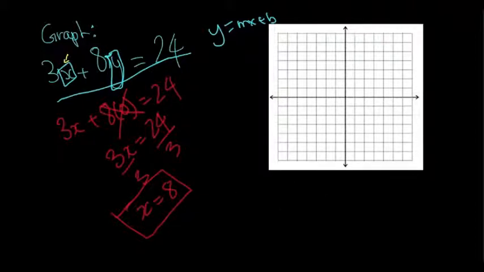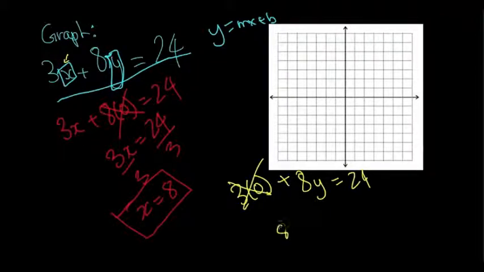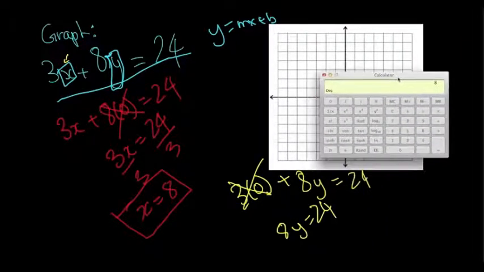I'm going to do this down here as 3 times 0 plus 8 times y is going to give us 24. Again, these two will cancel out, so we're left with 8y is equal to 24, and then we can check what that is in our calculator. 24 by 8 is going to be 3.